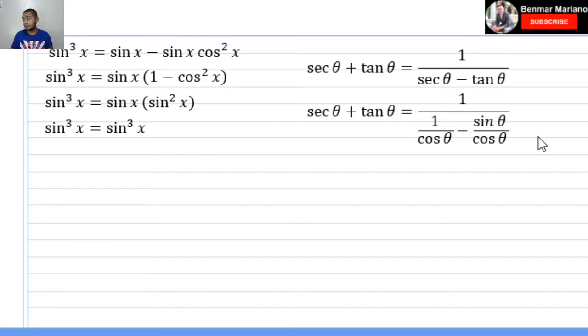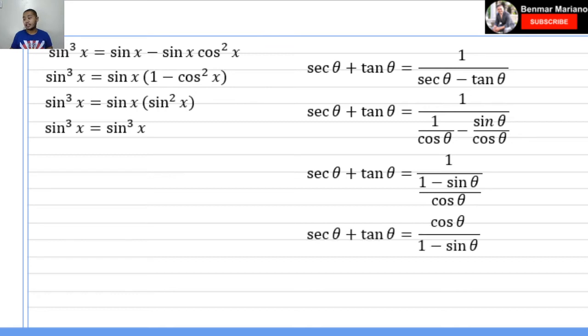Next, we can merge these two fractions. This will become 1 minus sine theta over cosine theta. Next, this one will become cosine theta over 1 minus sine theta. What's the reason why I converted this complex fraction into this fraction?